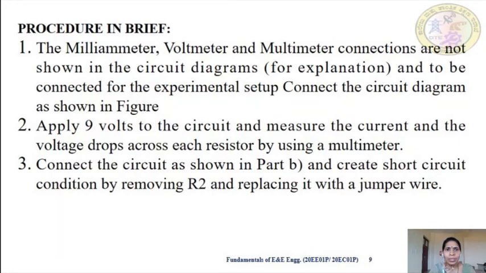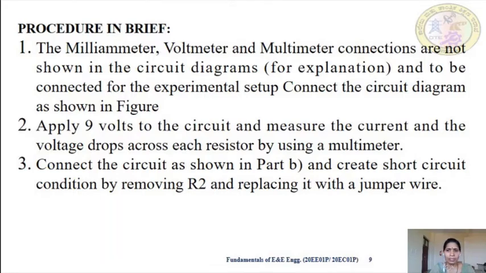Let's go through the procedure in brief. First, the milliammeter, voltmeter and multimeter connections are not shown in the circuit diagram for explanation, and are to be connected for the experimental setup. Connect the circuit as shown in the figure.